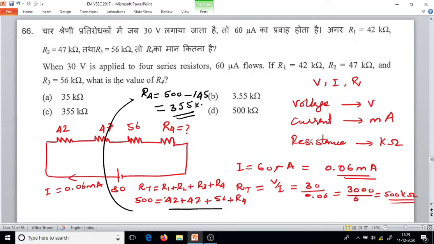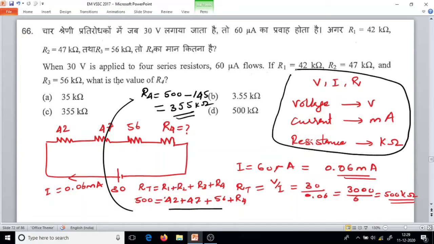The unit is kilo ohms. Remember this method, so you need not worry about anything else. 355 kilo ohms. The answer is option C.